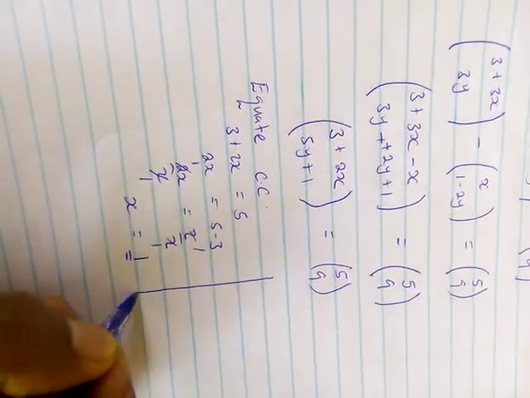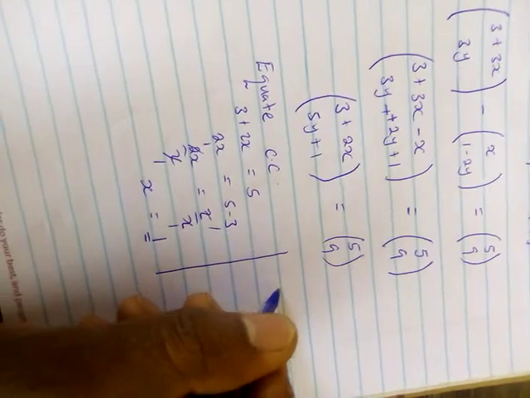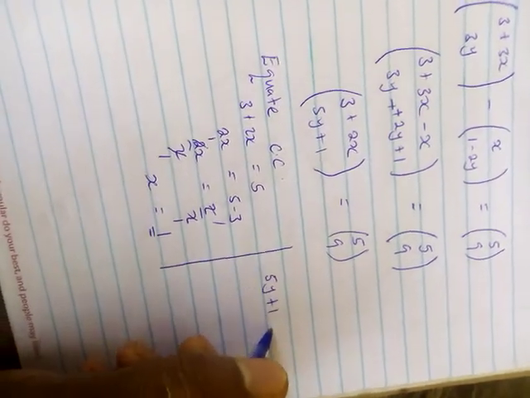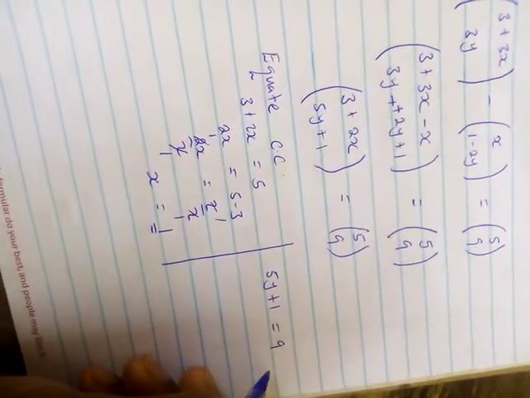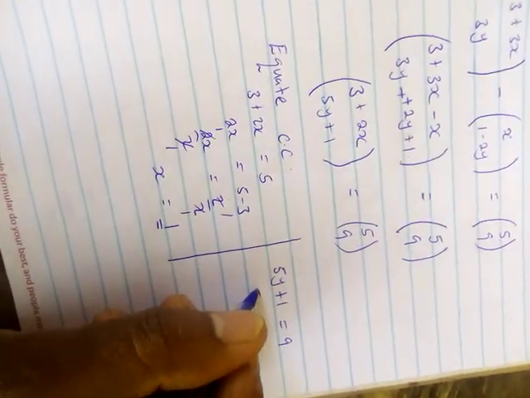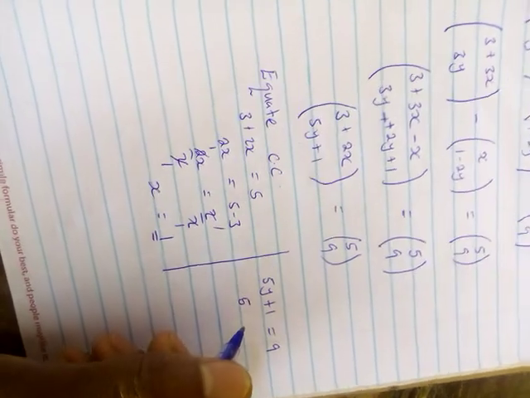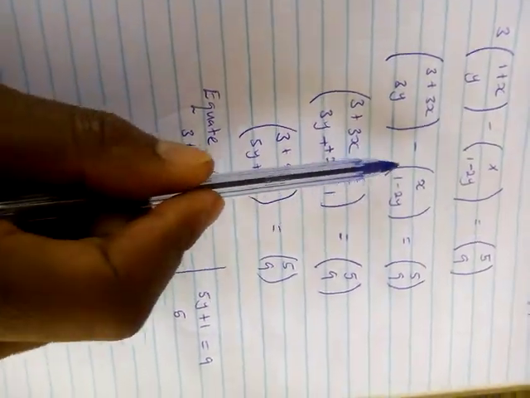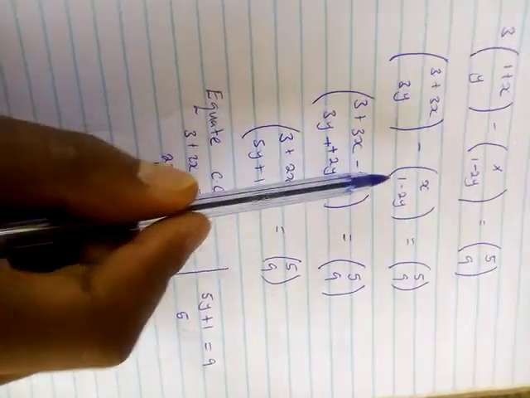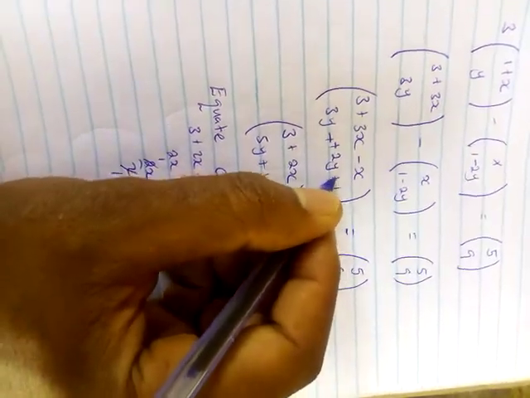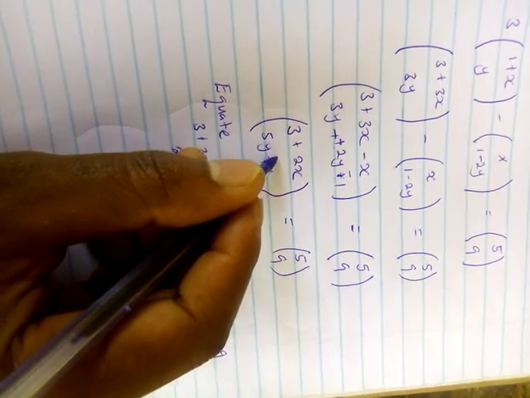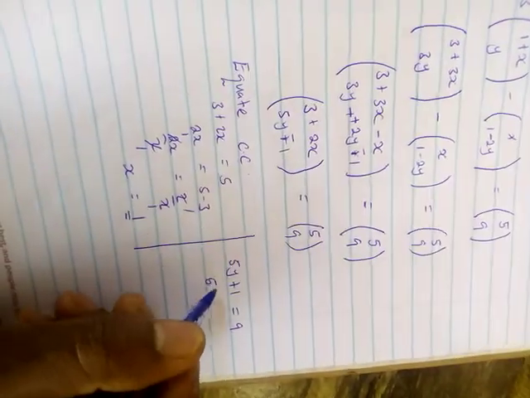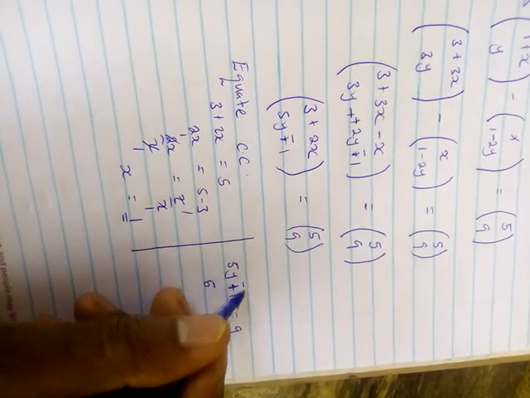So I have here 5y plus 1 is equal to 9. It goes the other side, such that I have a 5, something here that we need to rectify. This is minus. The minus affects 1 to make it negative 1, such that it's going to be 5y minus 1.